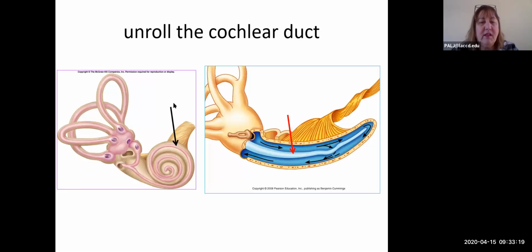As far as the cochlea, let's take that snail-like structure and unroll it, which is the picture on your right. Whereas in the picture on the left, you can see the purple colored cochlear duct inside the cochlea, on the one on your right, it's this whitish color cochlear duct. And now you can see that the perilymph that's surrounding the cochlear duct appears to be both above and below the cochlea.